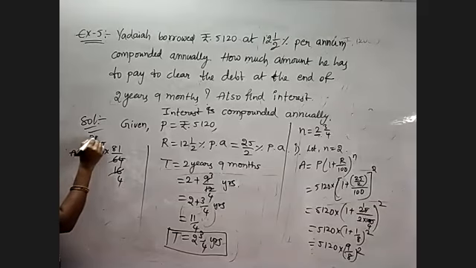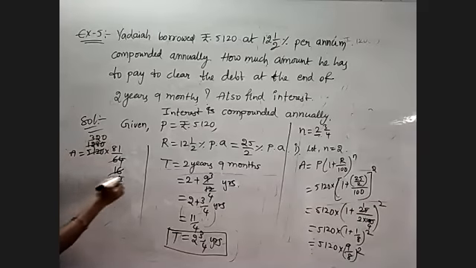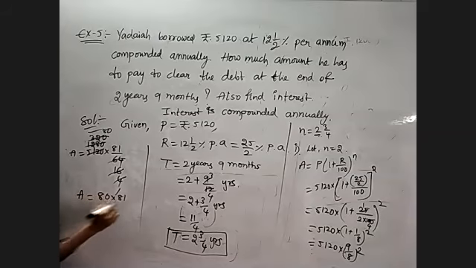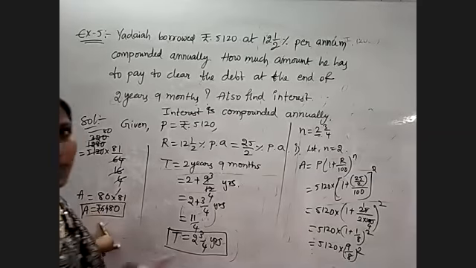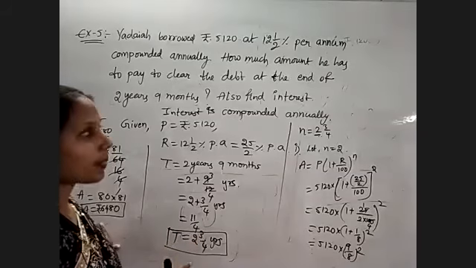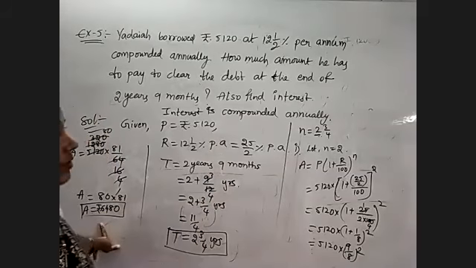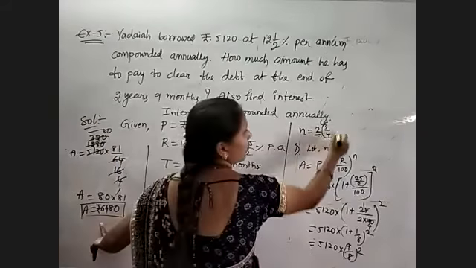So 5,120 divided by 64 is 80. A is equal to 80 into 81. So 8 ones are 8, 8 eights are 64. 6,480 rupees is the amount.